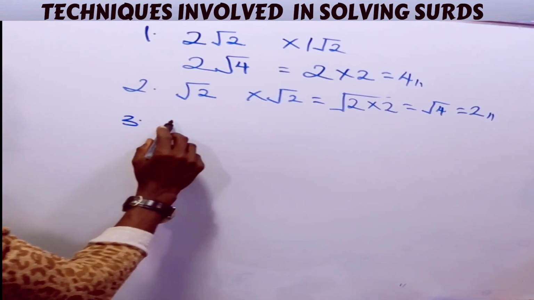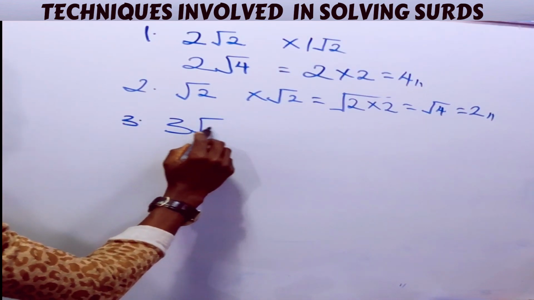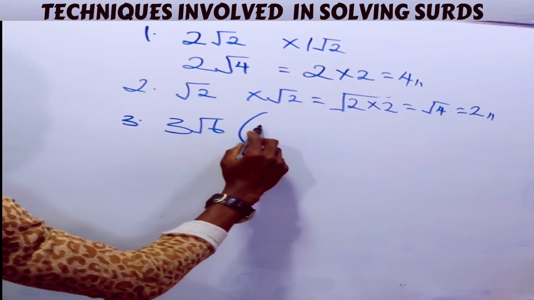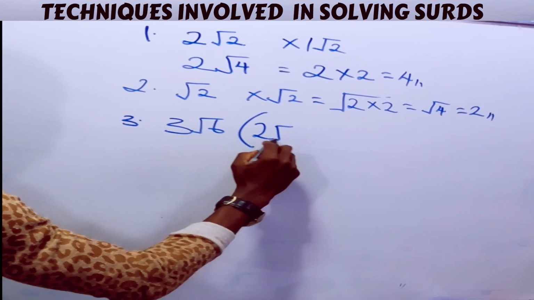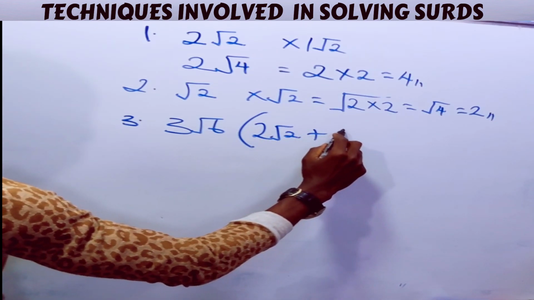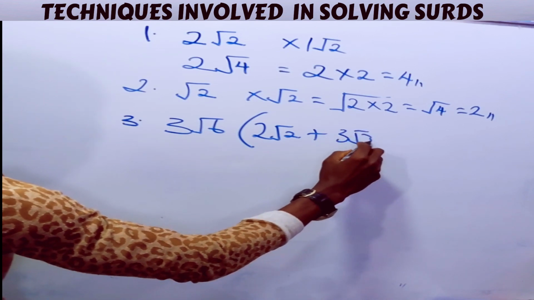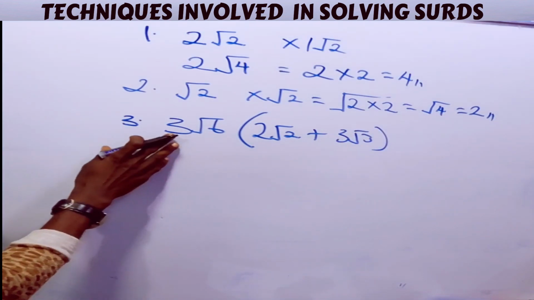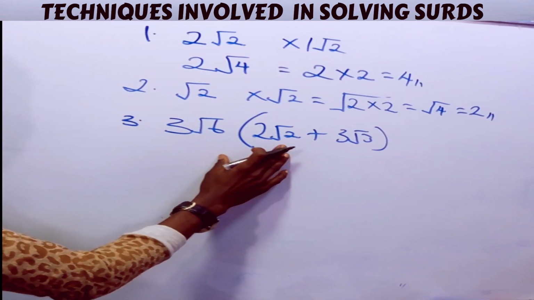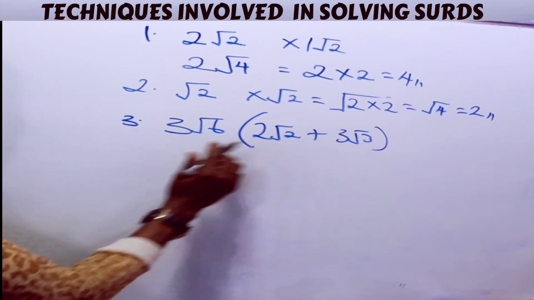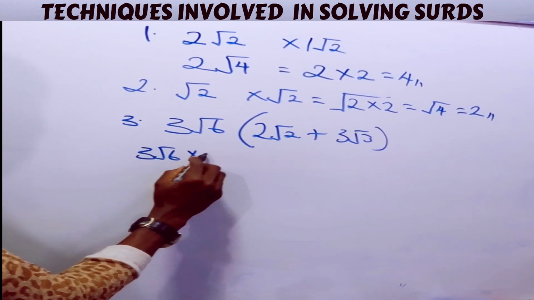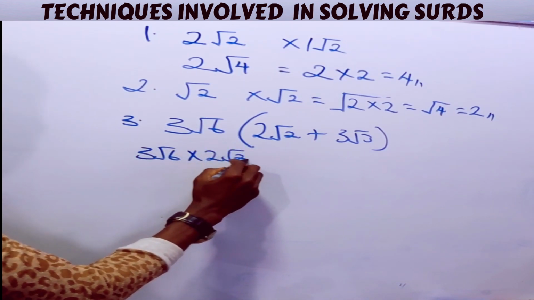Also, if we have 3 root 6 multiplying 2 root 2 plus 3 root 3, this outside will multiply this and will also multiply this. So that we'll have it as 3 root 6 will multiply 2 root 2.